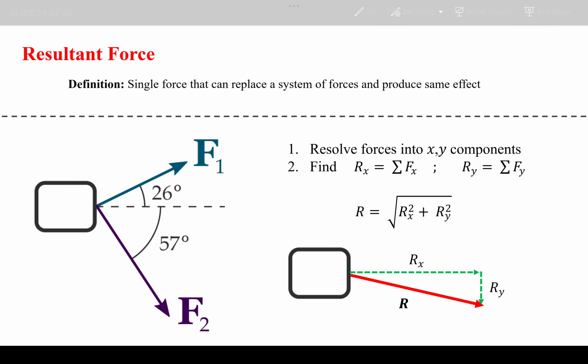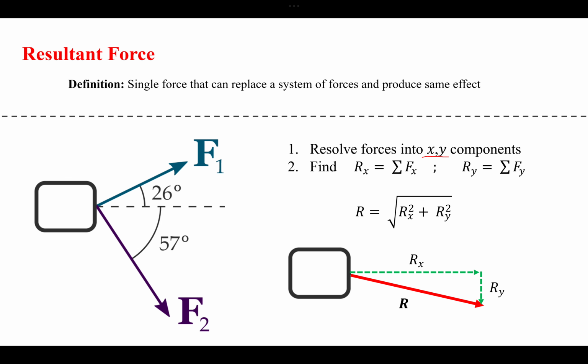Okay, so we are going to resolve this into components. In the previous lecture we did talk about how to resolve a force into x and y components using the angle theta. So if you are not sure how to do that, please go back and watch that.